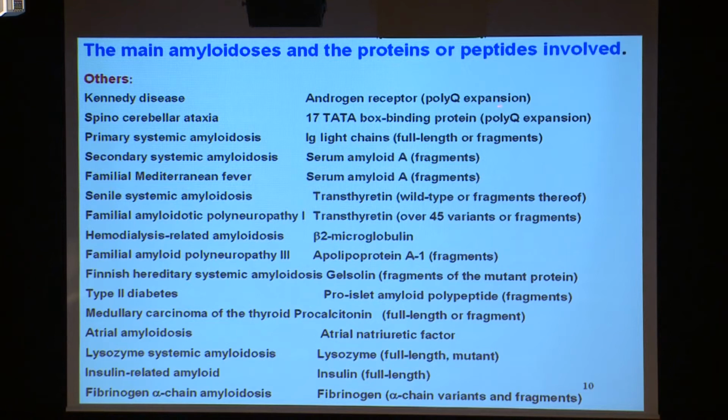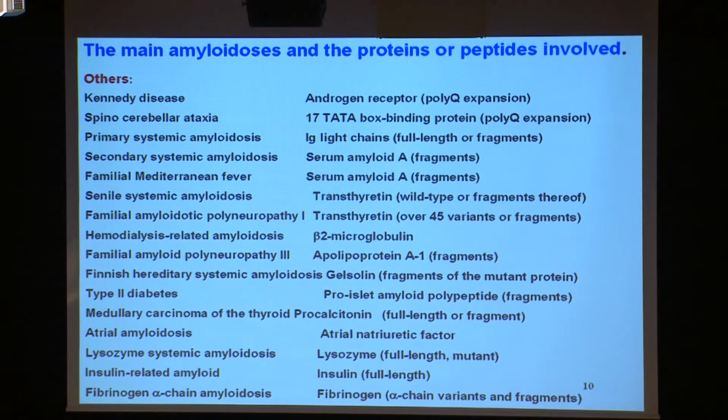Other polyglutamine proteins can expand and misfold, cause disease, and a whole range of other proteins, including proteins involved in type 2 diabetes. In fact, it's been shown that almost any protein can be induced to misfold and aggregate and accumulate in the brain or other parts of the body under the wrong conditions.